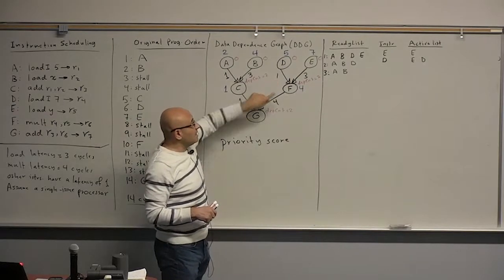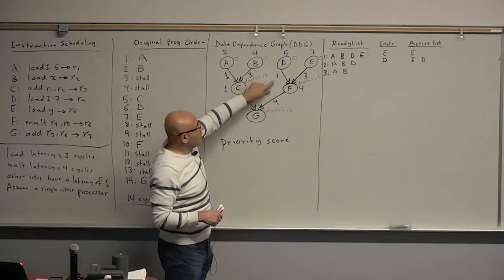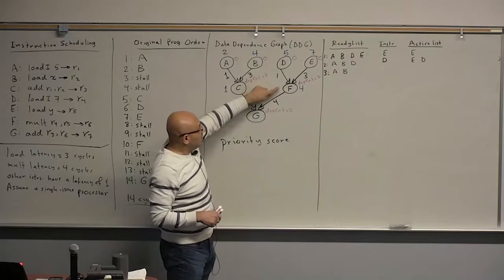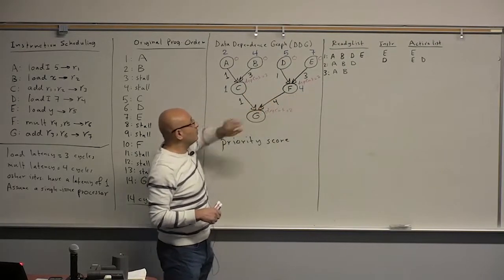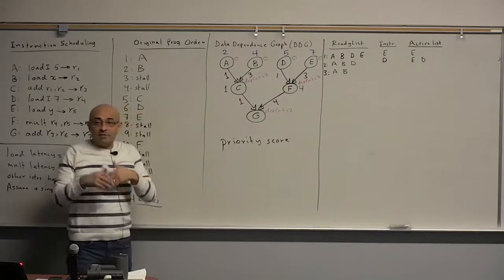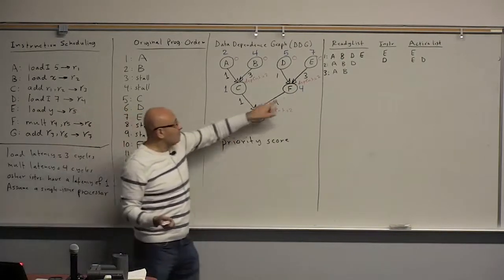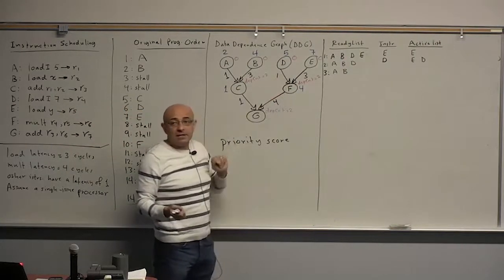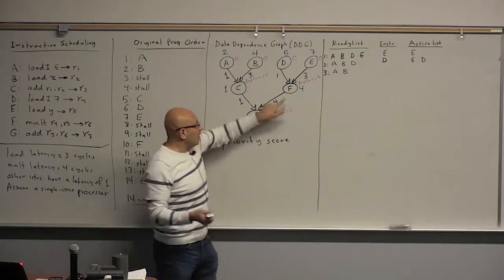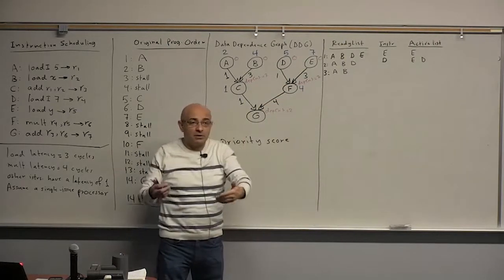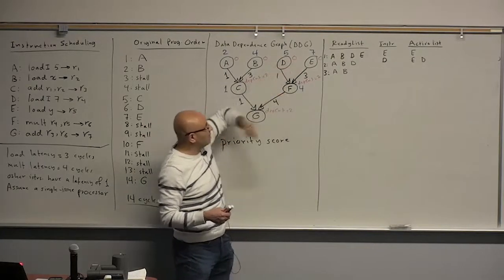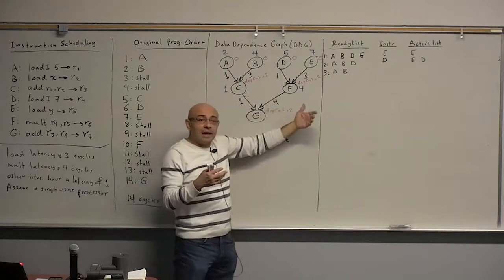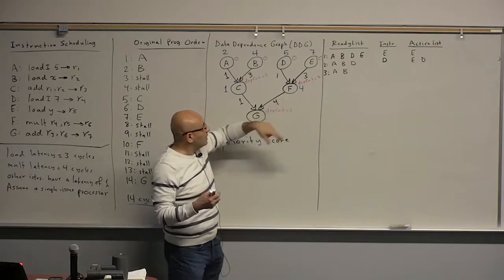When D becomes inactive, that decrements the dependence count of F from 2 to 1, which means one of the instructions F depends on, D, has completed, and there is one more instruction that F depends on that is still active.